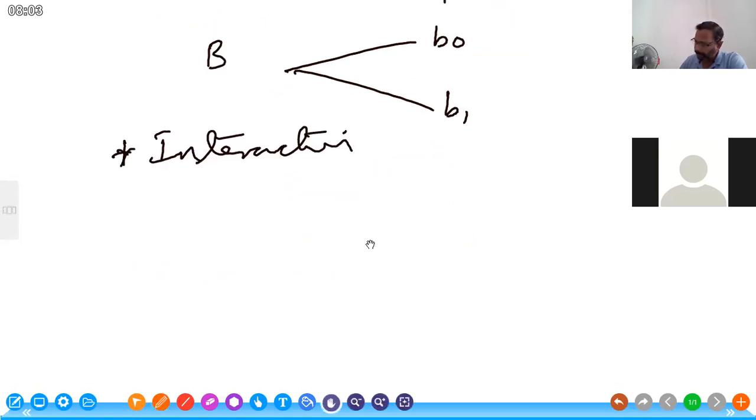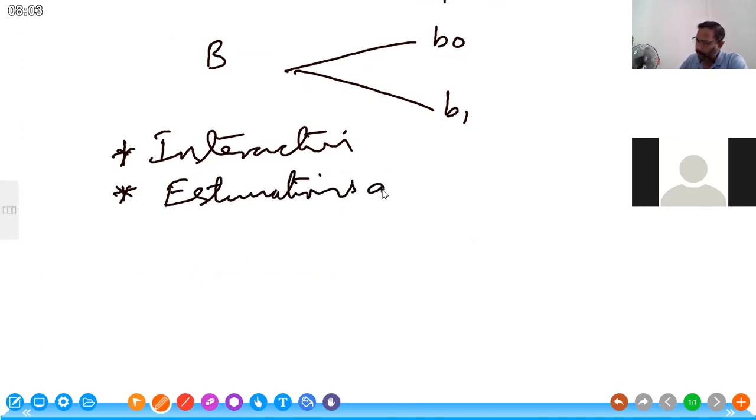And meantime, the other advantage of this factorial experiment is that estimations are more precise. Why are estimations more precise? Because there are indirect replicates. We will see that today. What do you mean by indirect replicate, right?